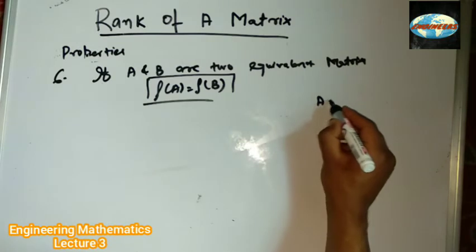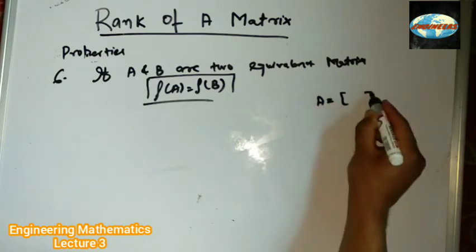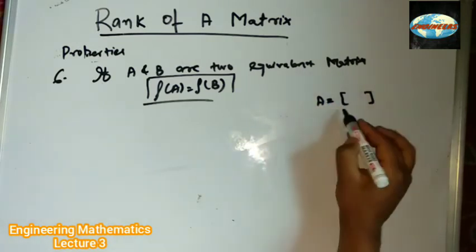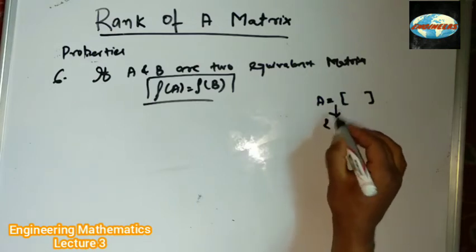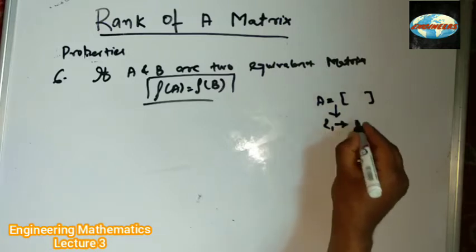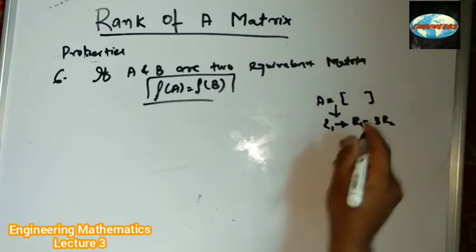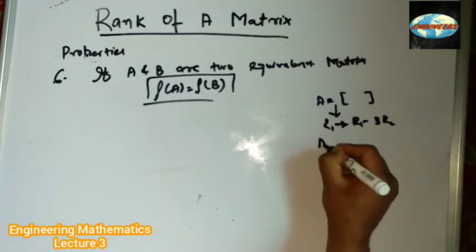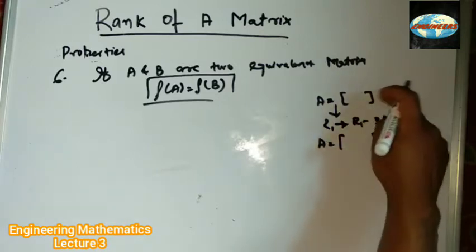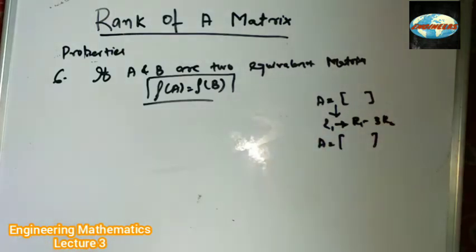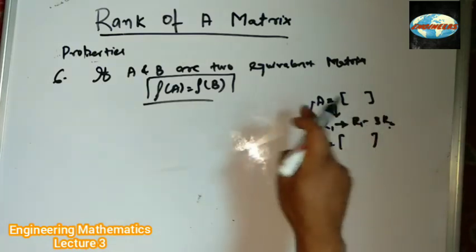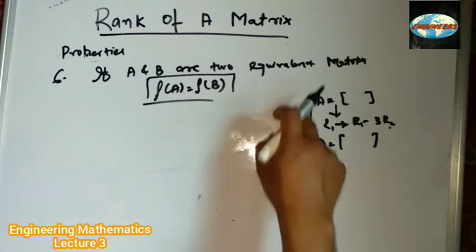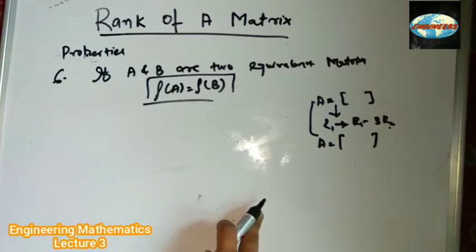If A is any matrix and we do some elementary transformation, like changing the rows, R1 goes to R1 minus 3 times R2, and we get a matrix whose elements are somehow different by doing some elementary operations, these two matrices will be equivalent matrices. These are known as equivalent matrices.